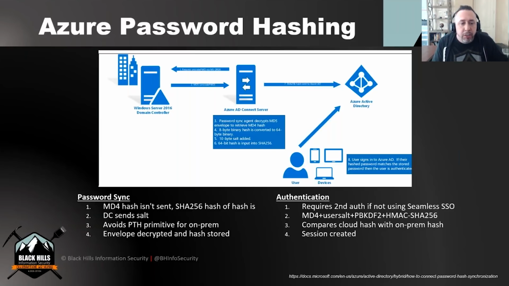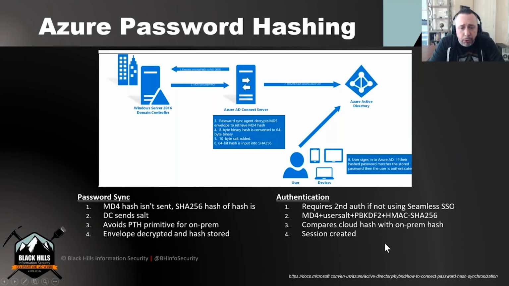Now, depending on the synchronization configuration, which can get really complex, Azure could actually synchronize back with Active Directory. So you could update Active Directory objects from Azure and synchronize back to Active Directory. But that's basically how the password gets hashed and whatnot.